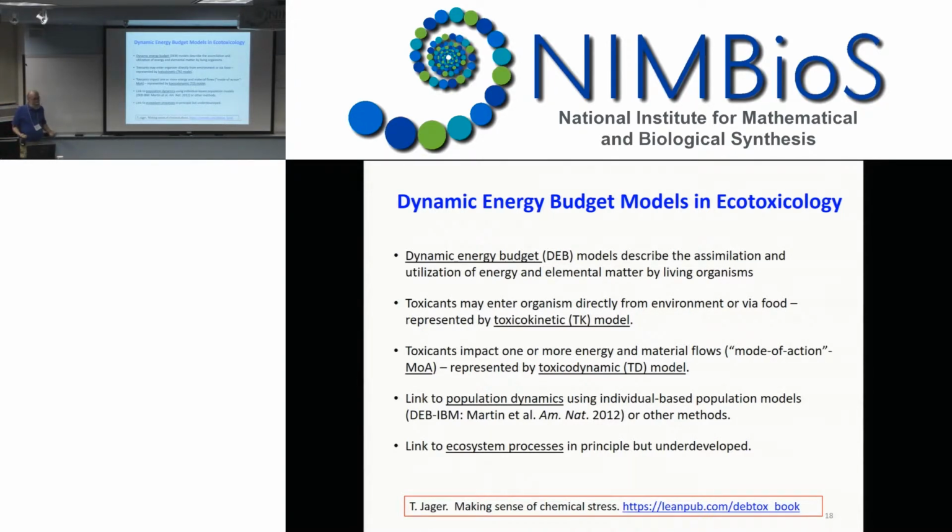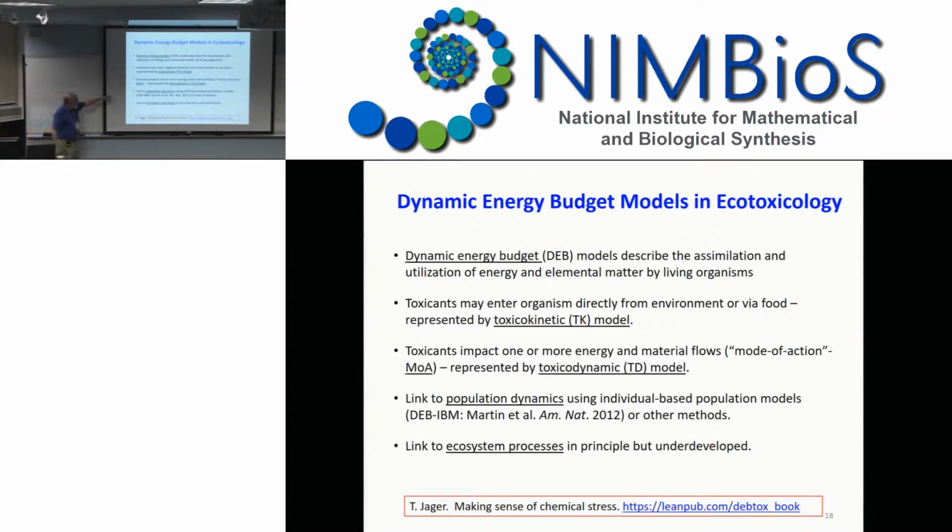Toxicokinetic models describe essentially the intake, output, and transformation of contaminants in an organism. Toxicodynamic models characterize the interaction between the internal concentration of the toxicant and the animal itself. The toxicokinetic model could be implicit. You could simply say internal concentration is proportional to external, a pseudo-equilibrium assumption, but it can be explicit.